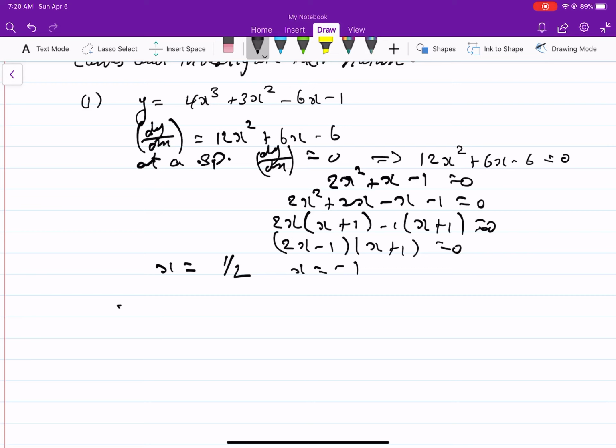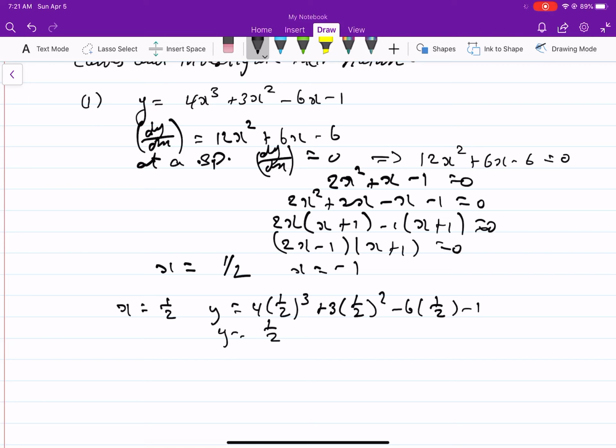When x is a half, y is equal to 4 times a half cubed plus 3 times the half squared minus 6 times a half minus 1. This is 8 for 8, that's a half. All right, that's not too bad.